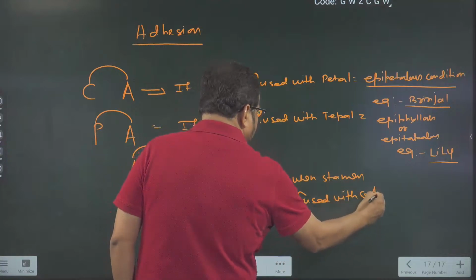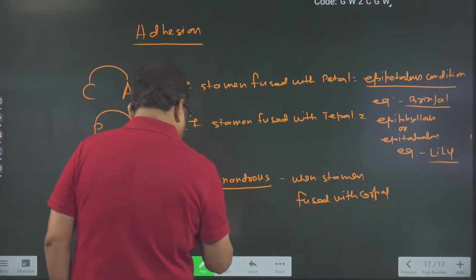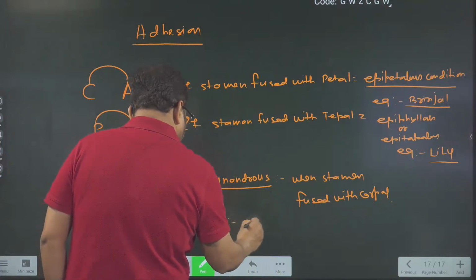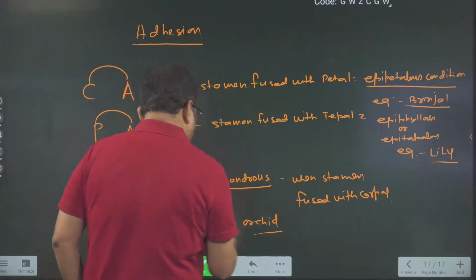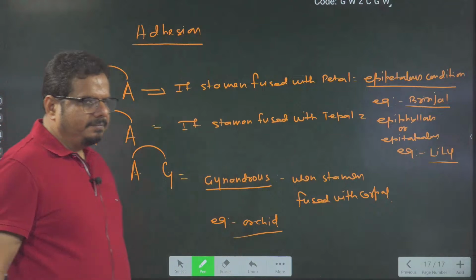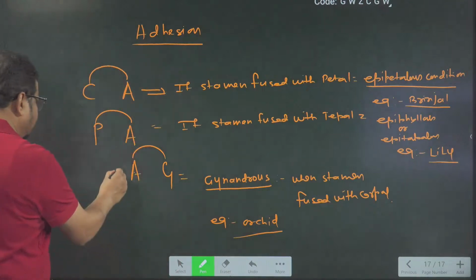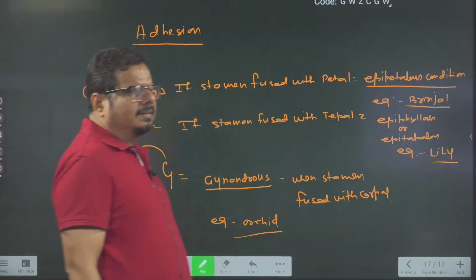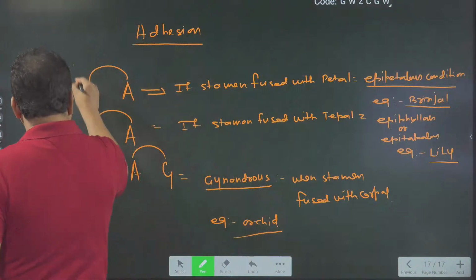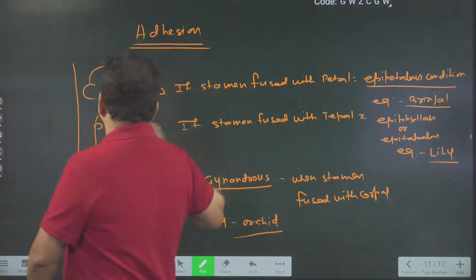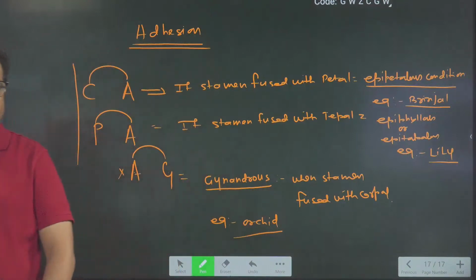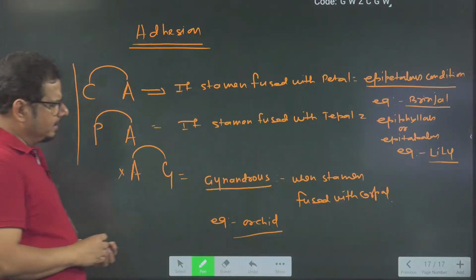I wrote the possible way. An example of this condition is orchid. You can ignore this condition. Got the idea? But these two are very important. So adhesion of the stamen is also over.